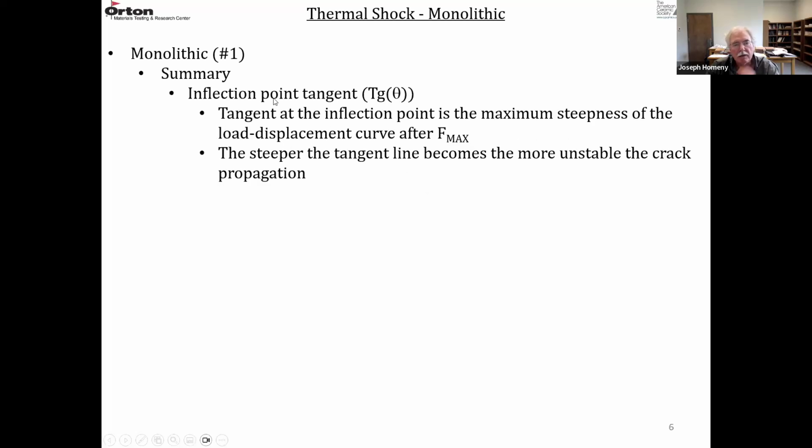The tangent at the inflection point, tan theta, is the maximum steepness of the load displacement curve after F max. So at that inflection point, you take the tangent. The steeper the tangent line becomes, the more unstable the crack propagation becomes, the less resistant the material would be to thermal shock.